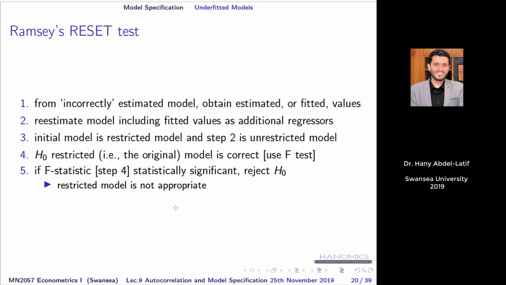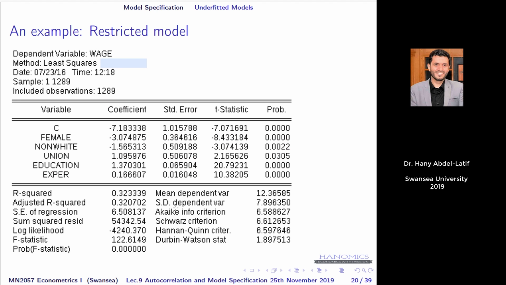So use the F test, which you're familiar with. If you reject the null, that means your restricted model isn't correctly specified. So in our case here, let's assume that this is our restricted model. We have these variables that we think explain wage: female, non-white, union, education, experience.